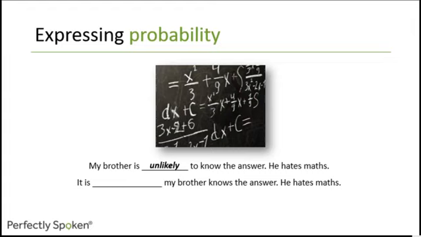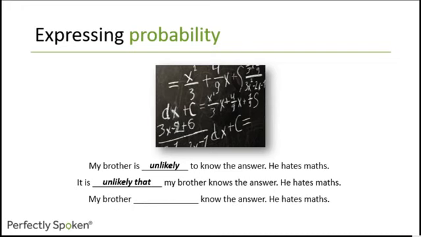Again, we've got it is here, so this is the other form that we can use. It is plus that plus clause. So it is unlikely that my brother knows the answer. He hates maths. And the third sentence, we've got the verb know, so we're going to modify it with the adverb, my brother. Now remember, this time, he hates maths, so we're looking for a negative sentence.